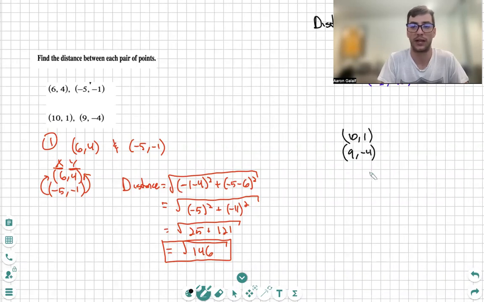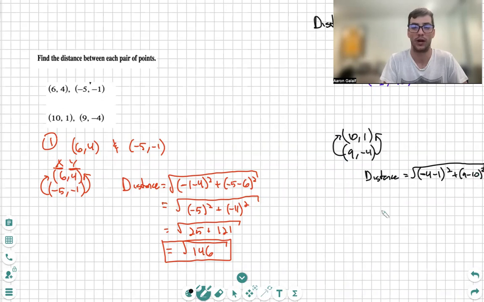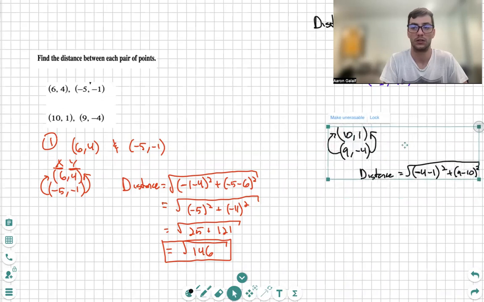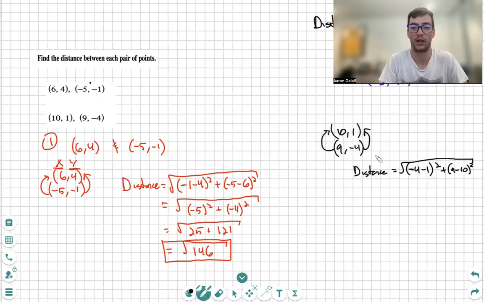Again, make sure we write distance, equal sign, square root, and stack bottom minus top, -4 minus 1 squared. Bottom minus top, 9 minus 10 squared.